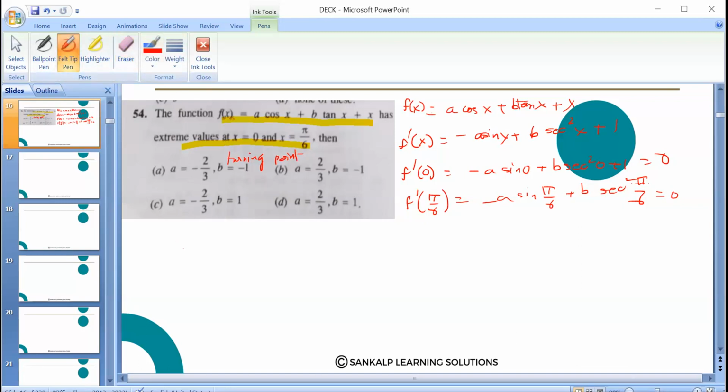So minus a sine 0 is 0. Secant square 0 is 1. Plus 1 equal to 0. B we got minus 1.